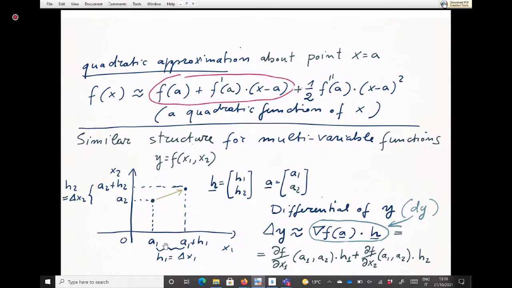For the two variable case, the point is defined by two coordinates, but we can move along any direction away from this point, and we have the differential of the function, which is basically again given by the gradient times the vector of the increments.